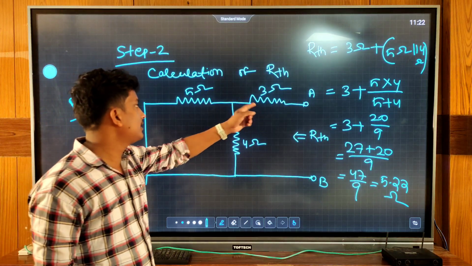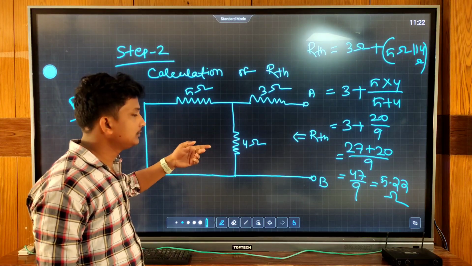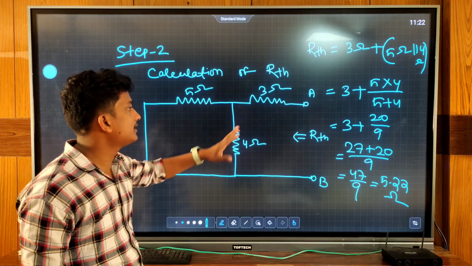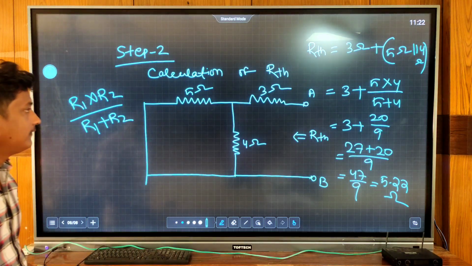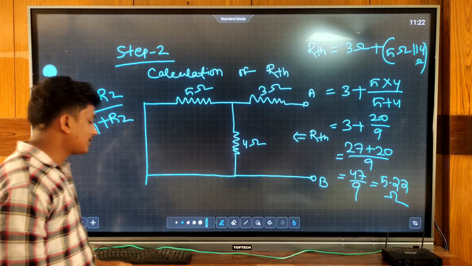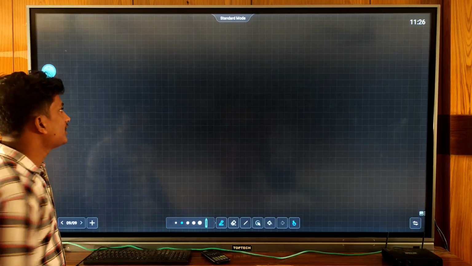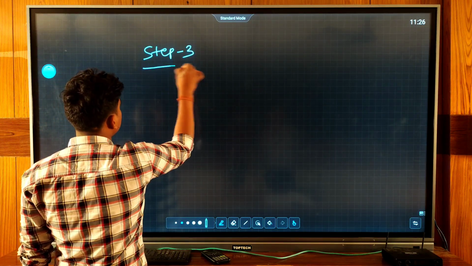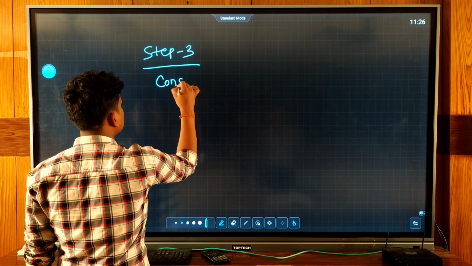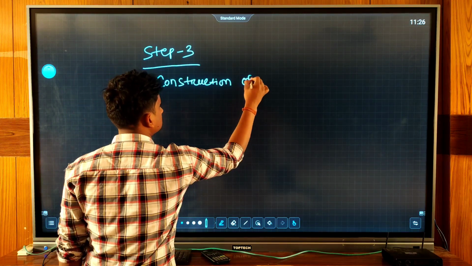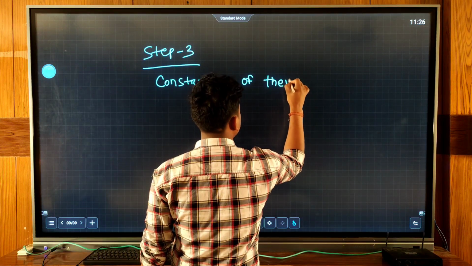So here 3 ohm is in series with both parallel 5 and 4 ohm, because 5 and 4 ohm are parallel, and in this configuration 3 ohm is in series with them. So next go for step number 3, which is construction of the Thevenin circuit. In step number 3, we have to construct Thevenin's equivalent circuit.